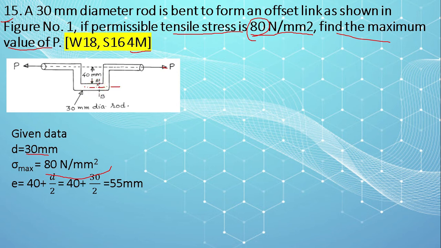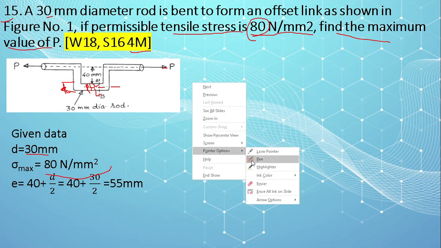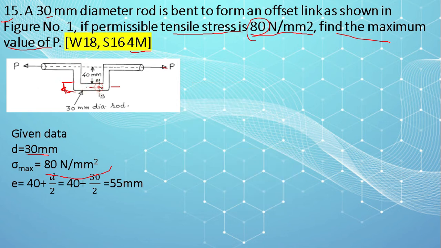Diameter of this rod is 30 mm. So eccentricity will be, this total is D, so this half is D by 2 and this is D by 2. This total is diameter D, and this is 30. So half of 30 is 15. So this is our axis.